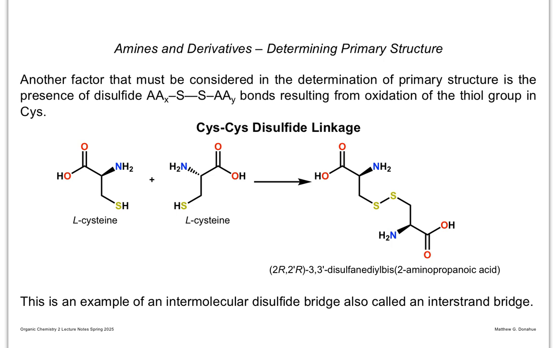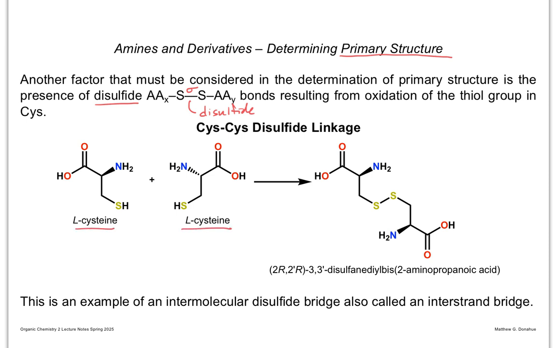One more complicating factor about primary structure is the presence of disulfide bonds. So that is a disulfide. So 2 sulfur atoms bonded by a sigma bond. And those result from cysteine residues.